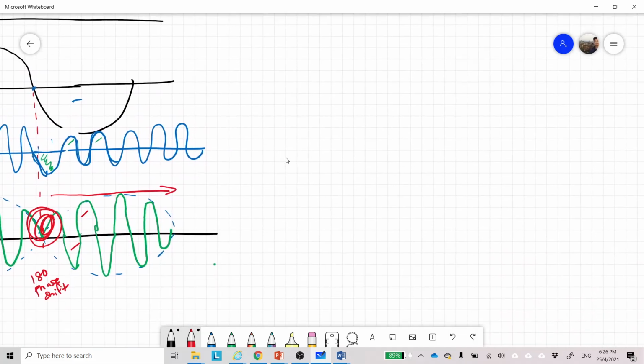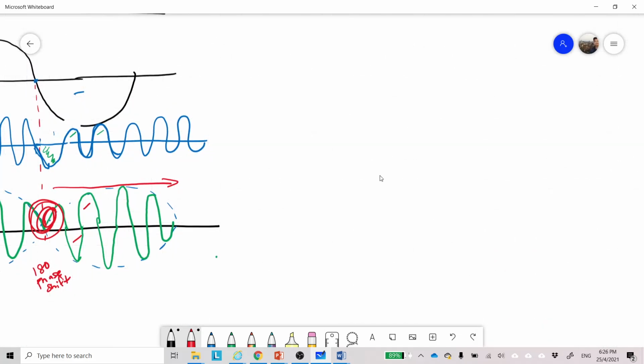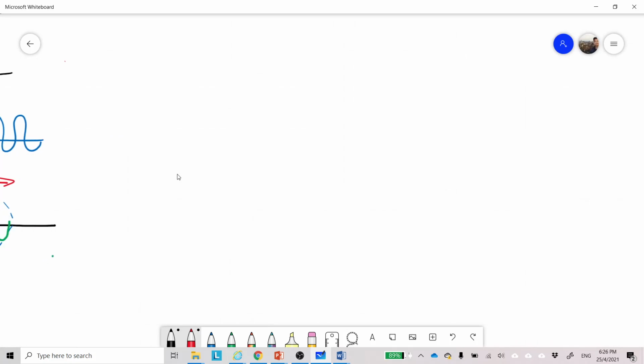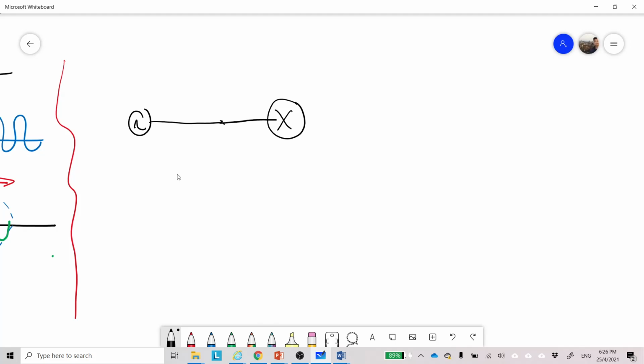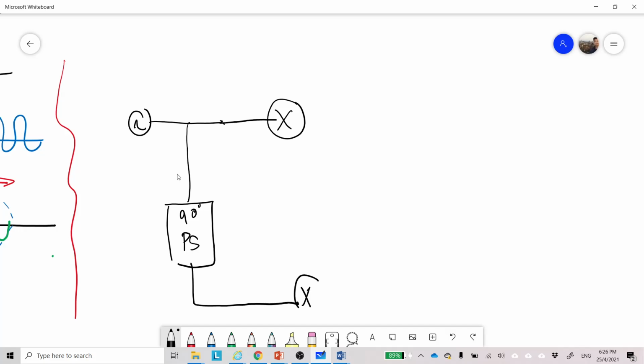So I will draw over here. If you see, here we have the modulating signal, and it goes to the first balance modulator. Then here we have a 90-degree phase shifter, and this goes to the second balance modulator.